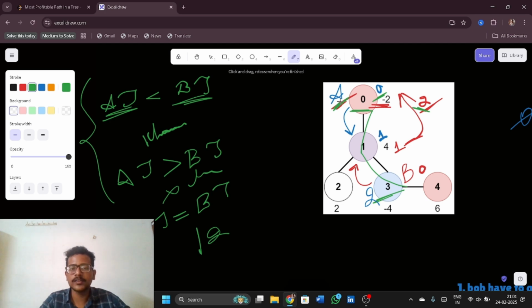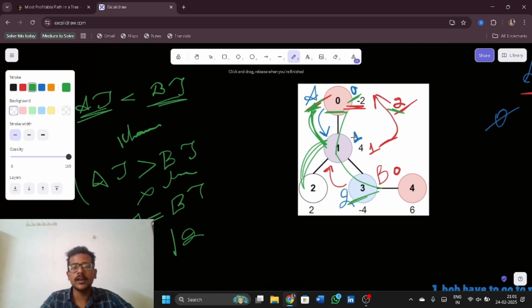What should Alice do? Alice will store the amount at every node by doing a depth first search for every node. And for Bob, if he is not getting to the root node, the 0 node, then it will backtrack and go through the node which is giving the root node which is 0.